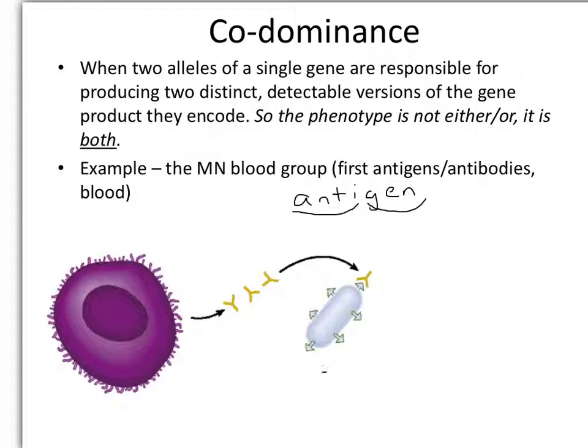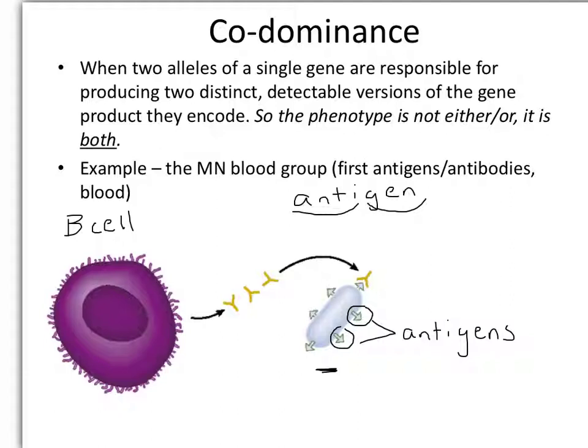This little pale blue cell over here is depicting something like a bacterium. And it has projections coming off its surfaces, so here, here, and so on. And these are representing antigens. Over here, we have a B cell, one of the types of human cells that make up our immune system.